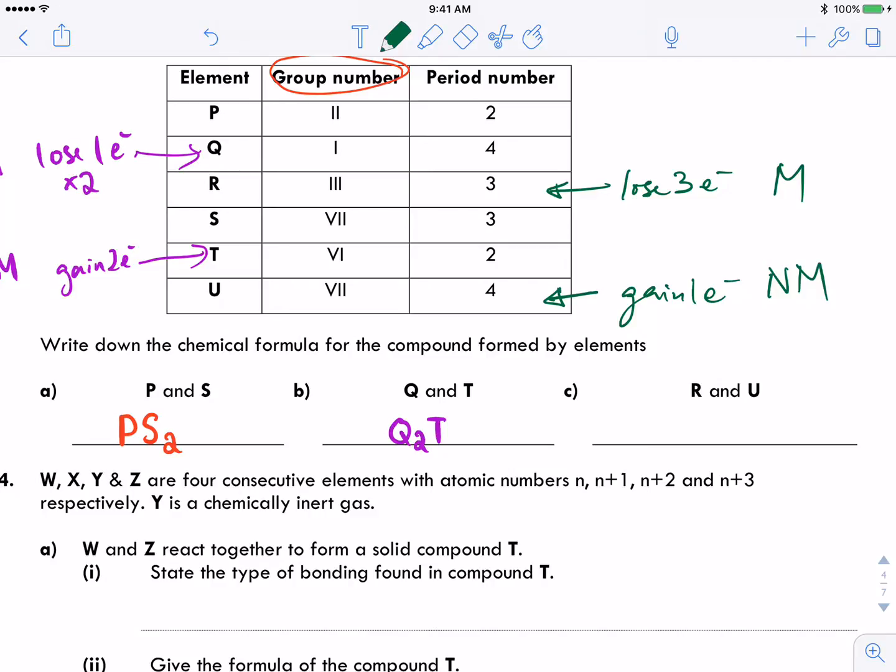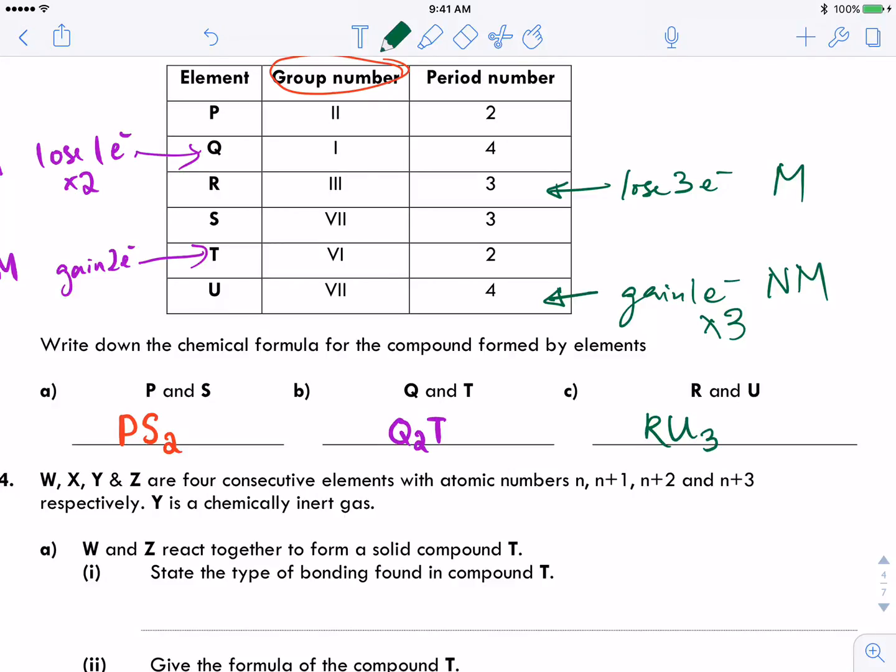So which one should I write first? I should write R first. Okay, then for every R, how many U do I need? One loses 3 electrons, one gains 1 electron. So this one I need to times 3. Okay, so it's RU3.